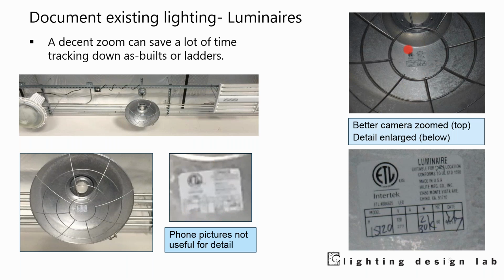Whereas if I zoom in with an actual zoom lens, I can look at that and I get all kinds of information. I get the model number, the wattage, the voltage, the manufacturer's name, all of that stuff. So it doesn't hurt to actually have a zoom lens.